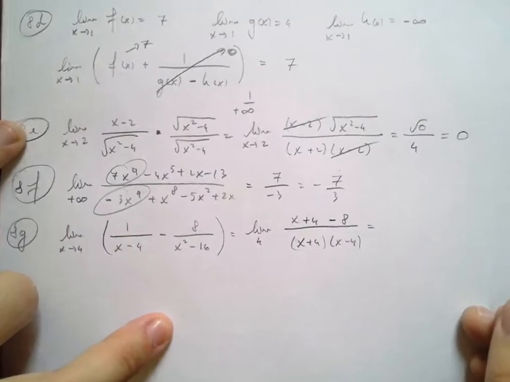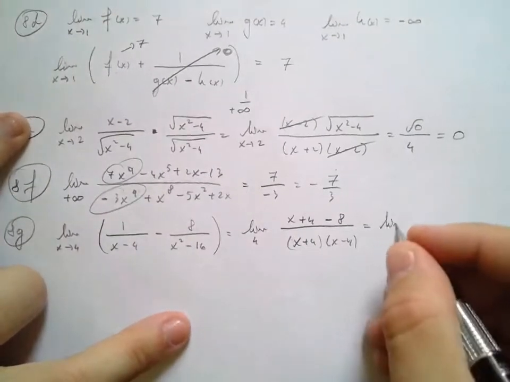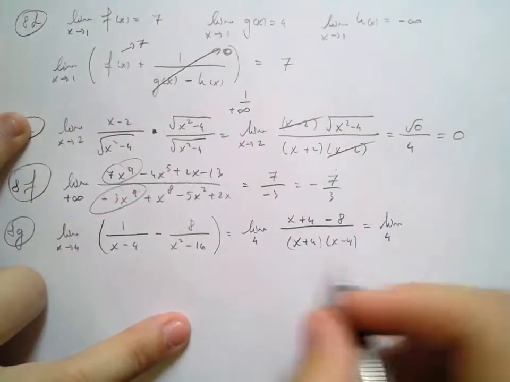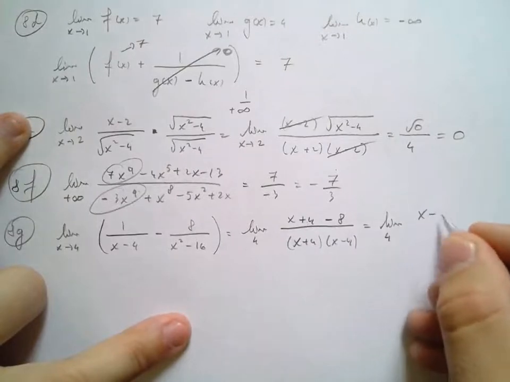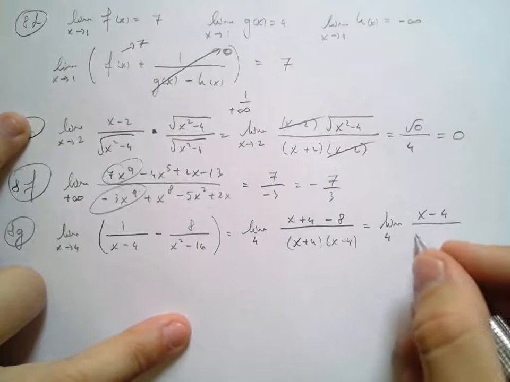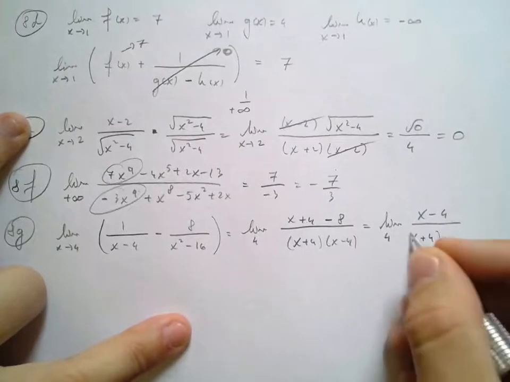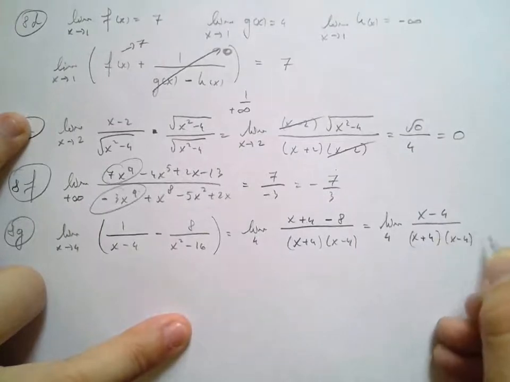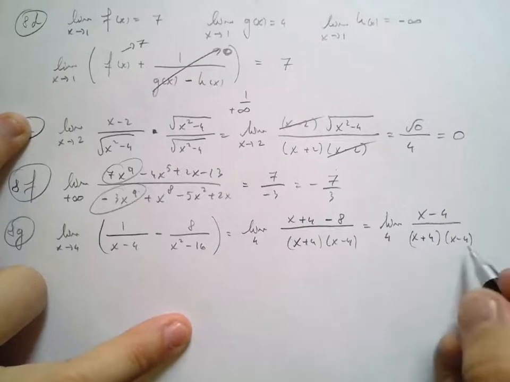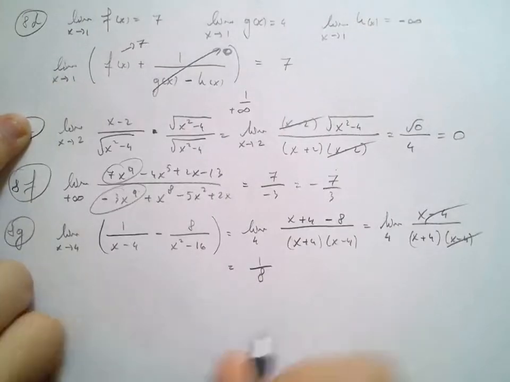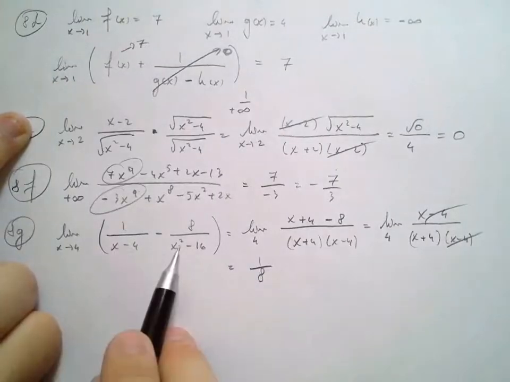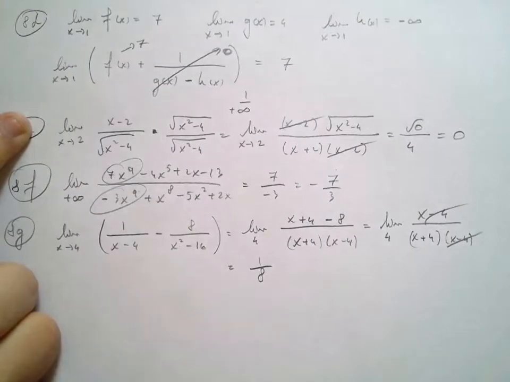So this is the same as the limit as x approaches 4 of, well, this x plus 4 minus the 8 is just going to give me an x minus 4 on top. The denominator stays the same, and at this point I can cancel, and then I plug in. This limit is going to be equal to 1 over 8. So actually this infinity minus this infinity in this case happens to equal 1/8.